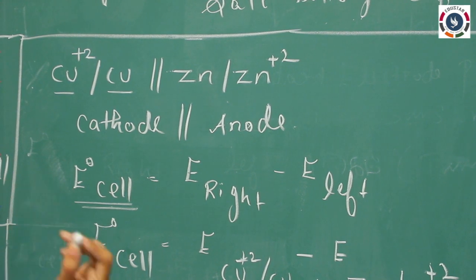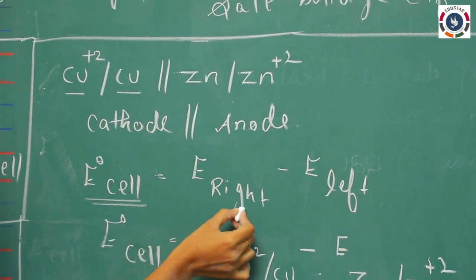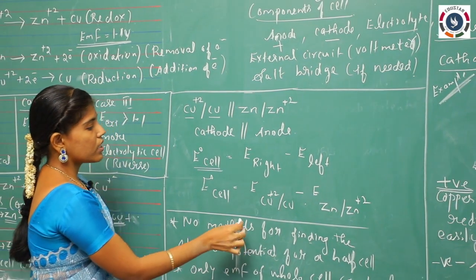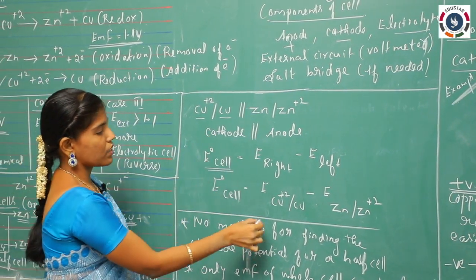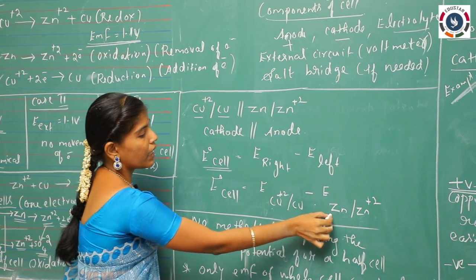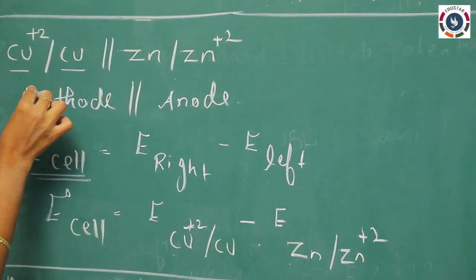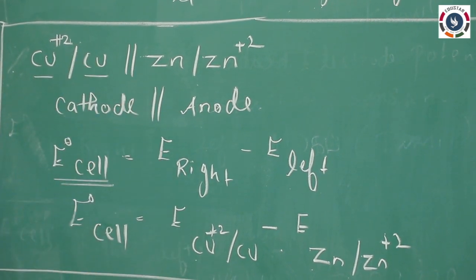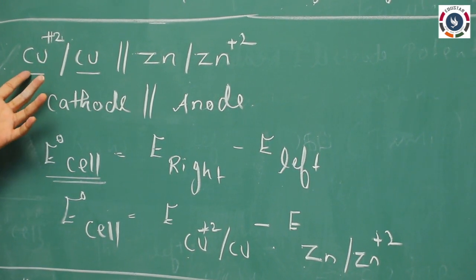How to find the EMF of the cell? E right hand side minus E left hand side. What is on the right hand side? That is copper, so I have written copper minus zinc. Here I have given Cu2+ bar Cu. What do these mean? Look at the equation.